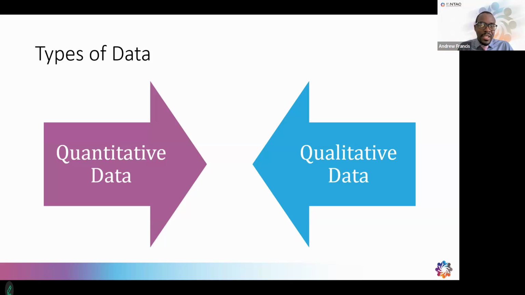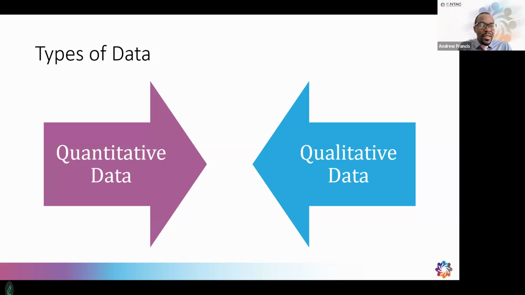And as we collect this data through interviews and focus groups, or even through surveys, it gives us a deeper understanding of the underlying reasons behind the numbers, right? We're able to capture that human element that we may have missed if we only use quantitative data alone.